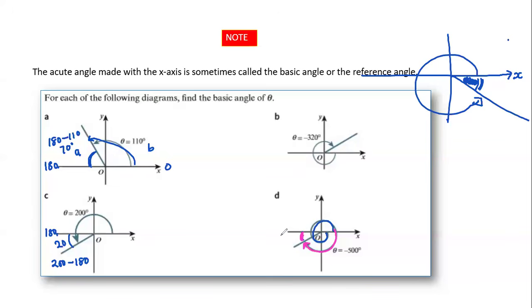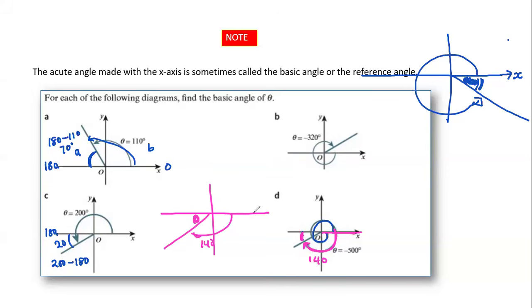Which angle is that? Don't go away, Hannah. The reference angle is 140. No, remember, Hannah, you have so far moved 140. Now you ask yourself, this angle here and the angle you have moved, which one is going to be very close to the x-axis?